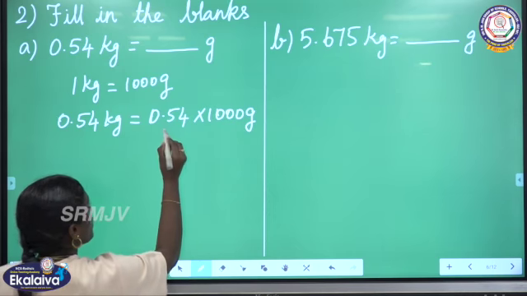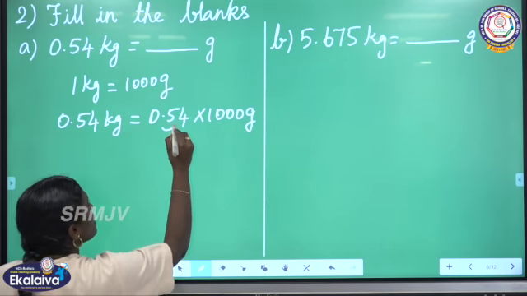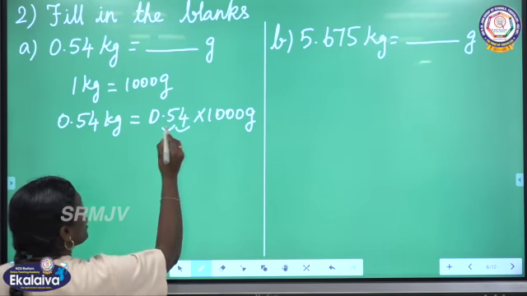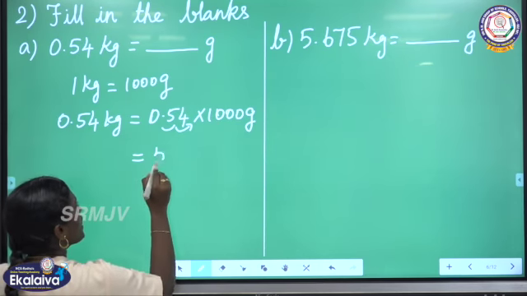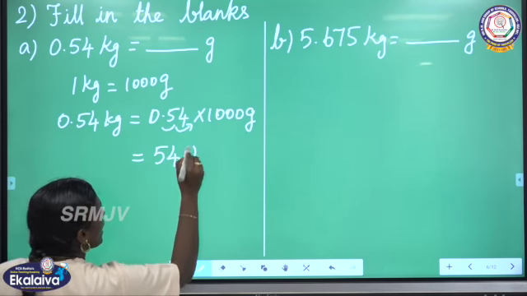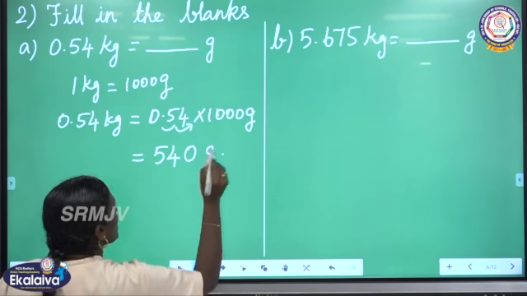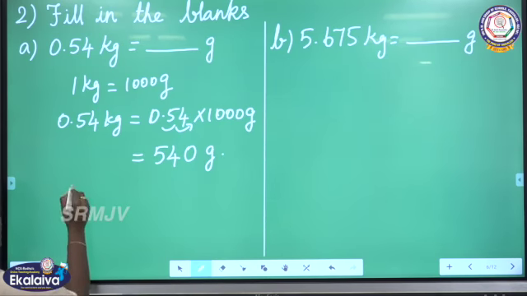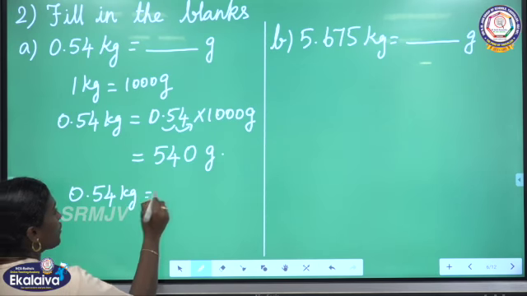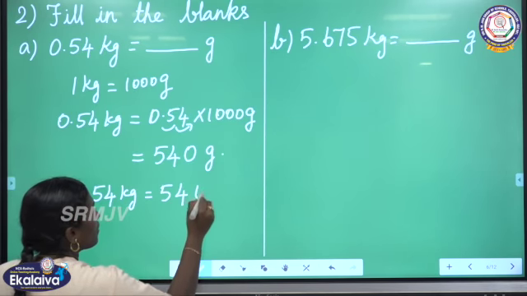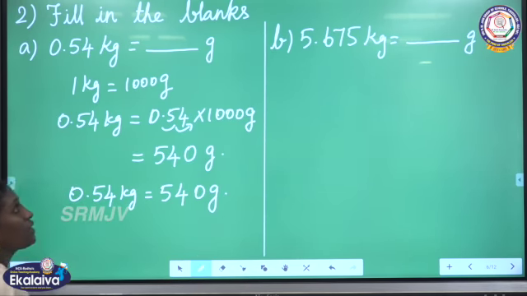Here we have to move the decimal point 3 places to the right, but here we are having 2 digits. We need one more digit. For that we have to add 0 at the last. Then gram, 540 gram. So 0.54 kilogram is equal to 540 gram.